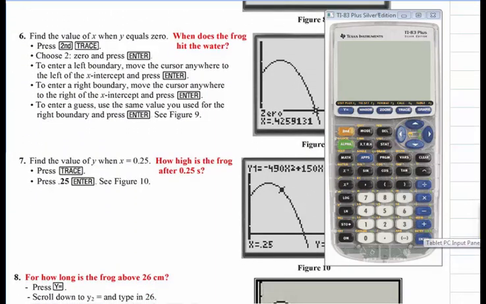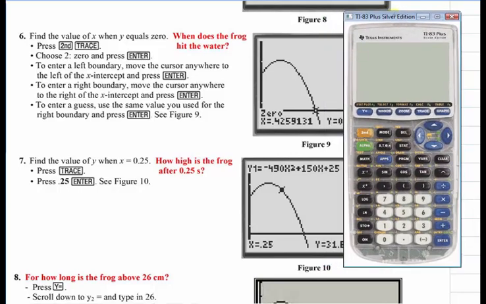When does the frog hit the water? Okay, well that means that we are going to look for an x-intercept. Okay, so we want the value of x when y equals 0. And so the x-intercept gives the time at which the frog hits the water.